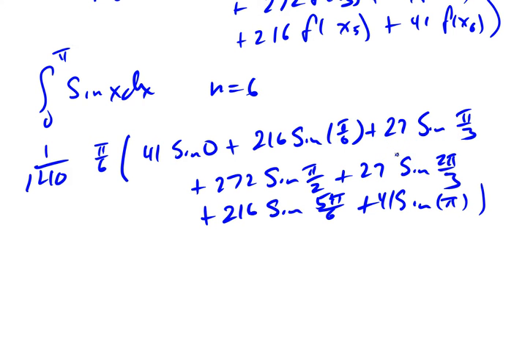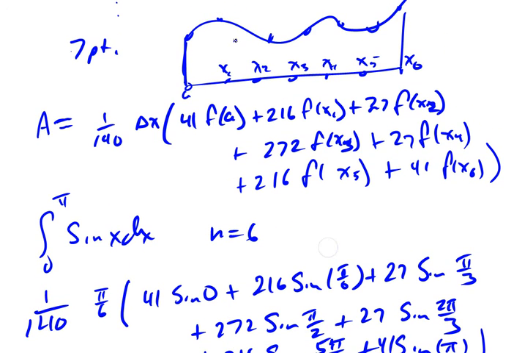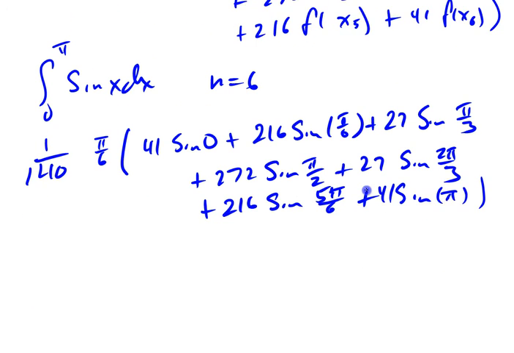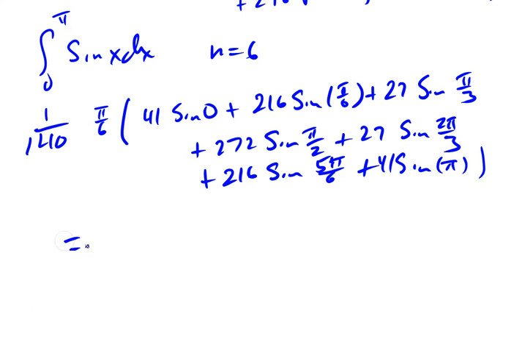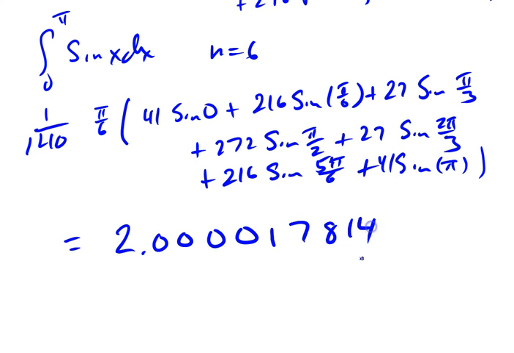Well, it just happens to be how it comes out when you find that approximating polynomial and then integrate that polynomial. Anyway, when you type that all into your calculator, you get 2.000178114. So pretty dang accurate there, because we know the answer is supposed to be 2.